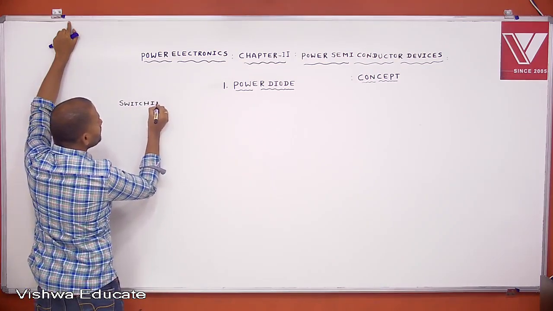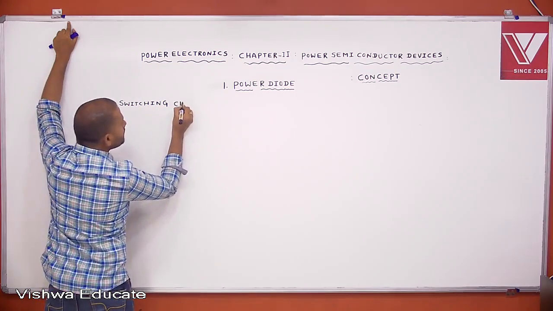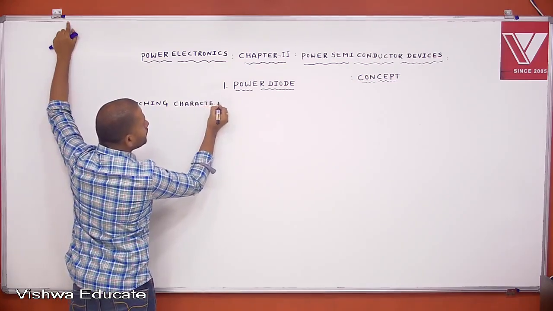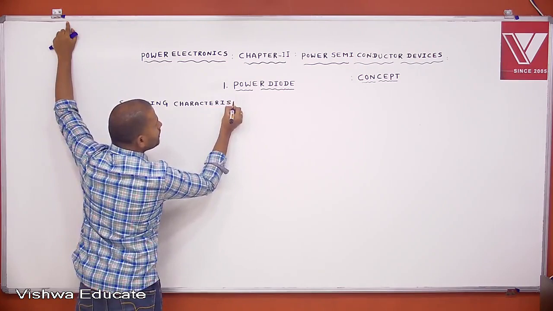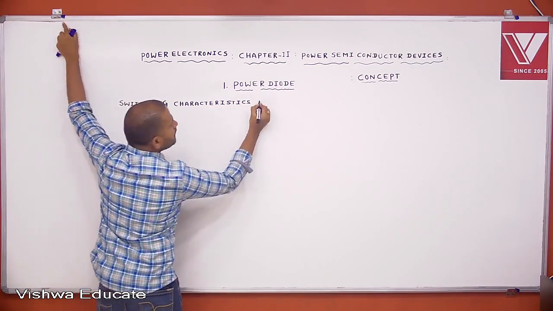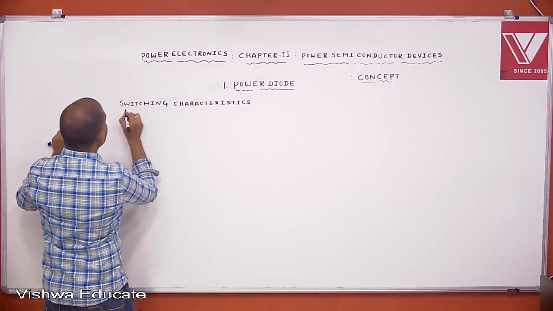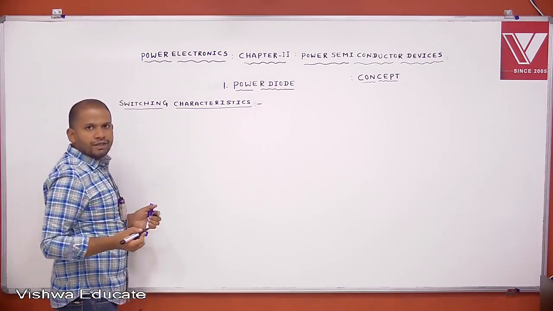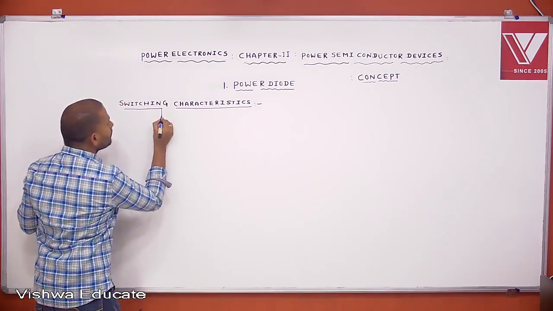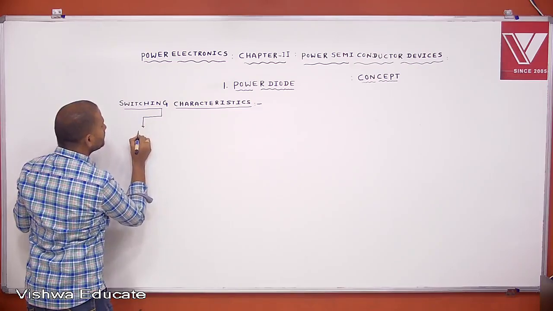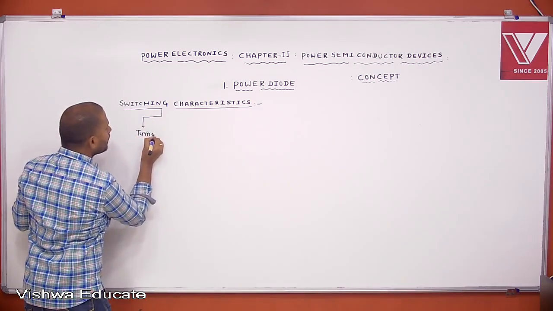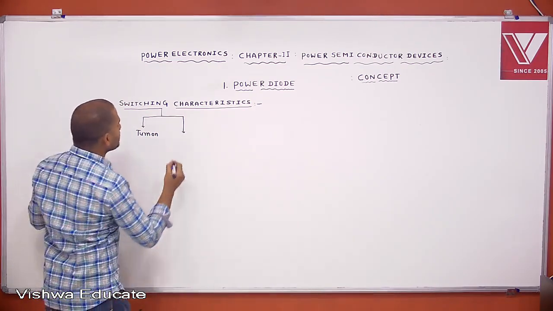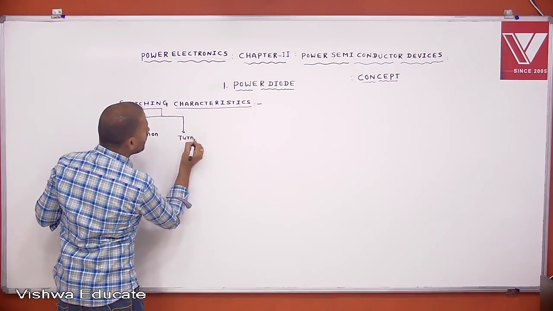In the switching characteristics, again, there are turn on characteristics and the other one is turn off characteristics of a diode.